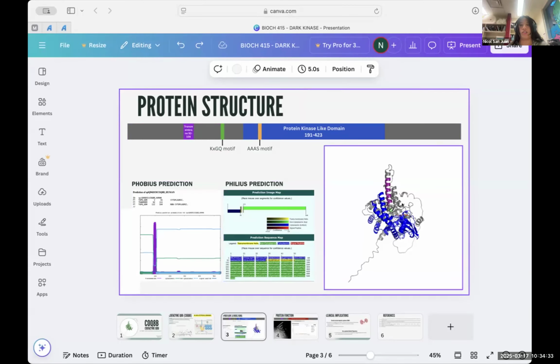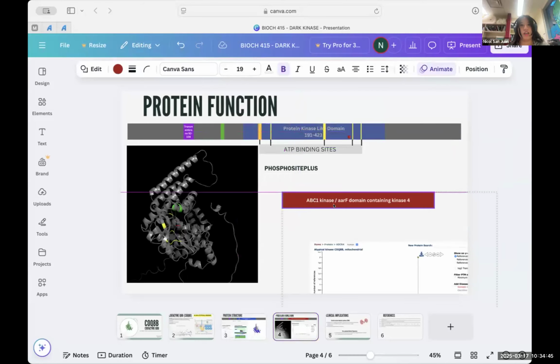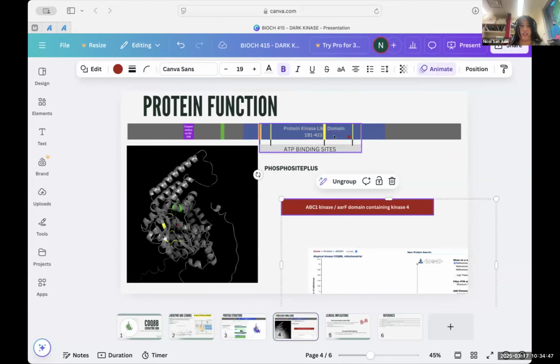Because there is an exclusion in the substrate binding pocket, it doesn't necessarily mean that ATP cannot bind to its own nucleotide binding pocket. Here it has ATP binding sites in this region. So it's predicted that it has ATPase activity, that ATP is the ligand, and that it interacts with the coenzyme Q intermediates.